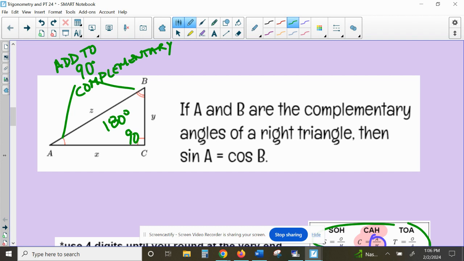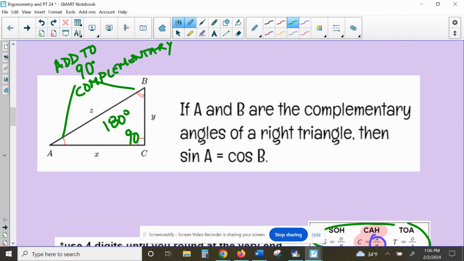So when people talk about the two complementary angles of a right triangle, they're talking about the other angles, not this guy, right? The other angles. Okay? So every time you have a right triangle, you have the right angle, and then you have the other two guys that are your complementary angles, right?